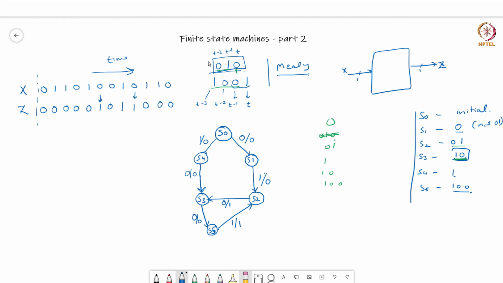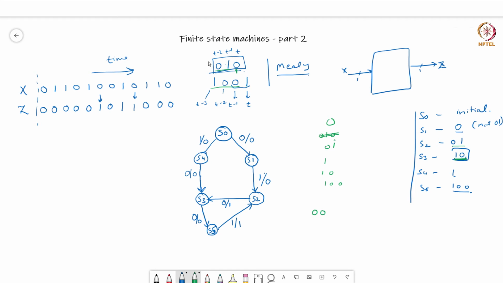Now let's again look at the S1 state. From S1 we know that if the input is 1, then we'll go to S2. But if the input is 0, what state should we go to? If the input is 0, the sequence we have received is 0 0.